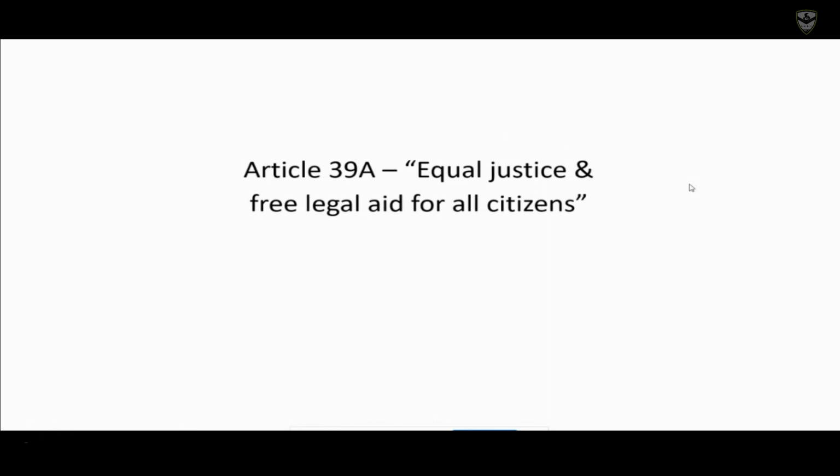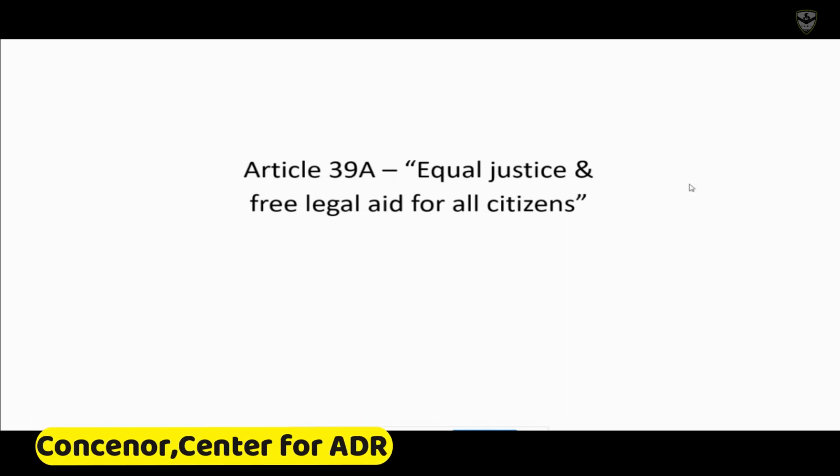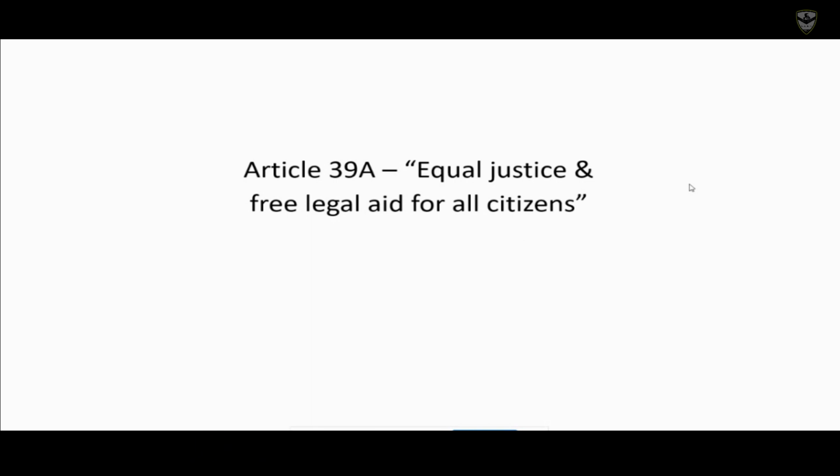And Article 39A of the Constitution also lays down a directive principle of state policy, calling upon the state to secure equal justice and free legal aid to all citizens.